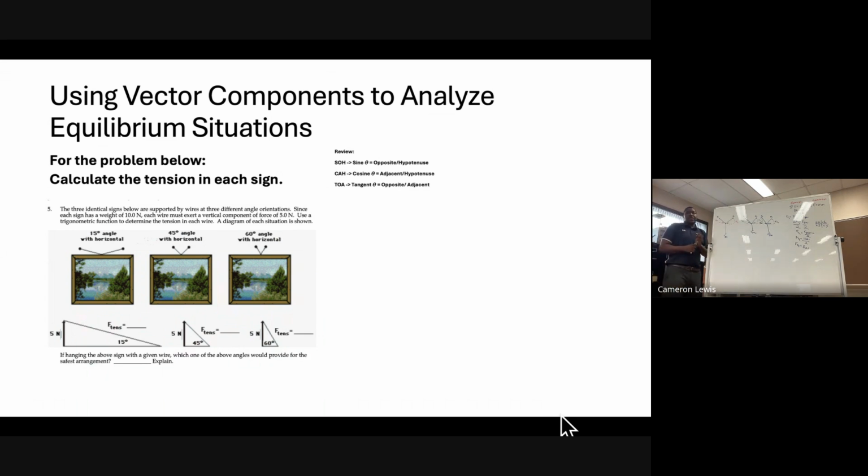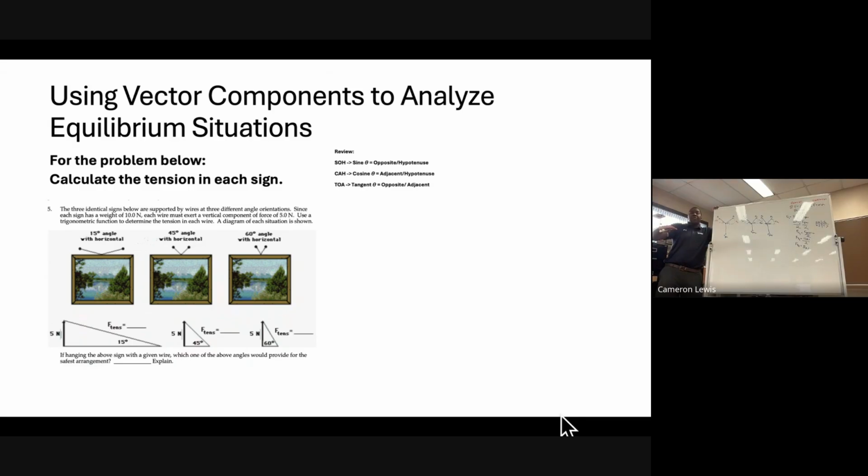So now in each scenario, we have the same vertical components. But what's going to change, based off our angle, is the horizontal components, which in turn will change how we look at our overall tension. And that's because we're changing the angle, right? If we have 15 degrees, it'll be a little bit flatter.